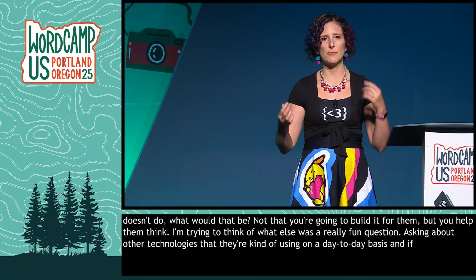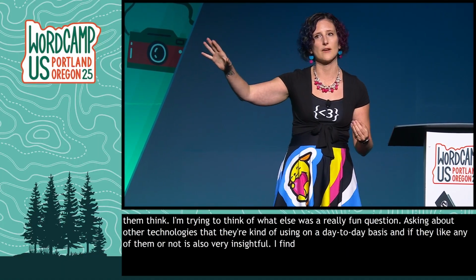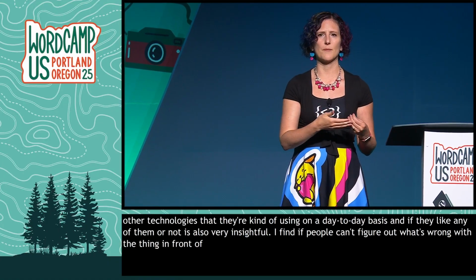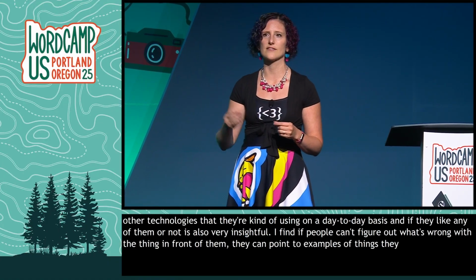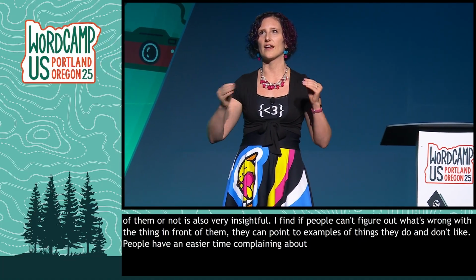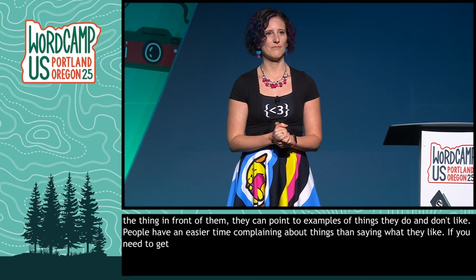I find if people can't necessarily figure out what's wrong with the thing in front of them, they can point to other examples of things they do and don't like. And people do have an easier time complaining about things than saying what they like. So if you need to get some insights from people, have them react to things they don't like. You'll learn a lot.